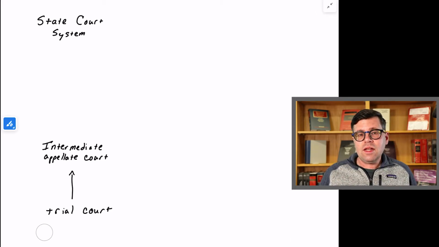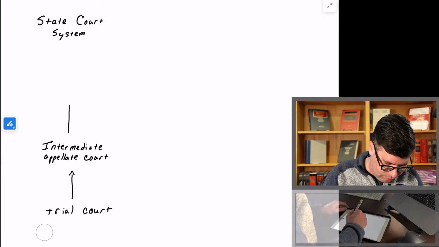In this instance, the intermediate appellate court reviews the grant of summary judgment and concludes that the trial judge was correct in granting summary judgment of no trademark infringement under state law. The case could then be appealed once more to the state Supreme Court.